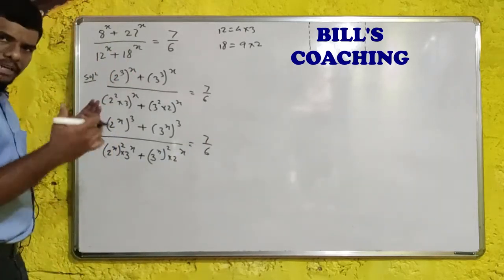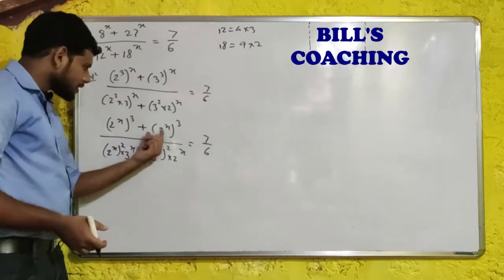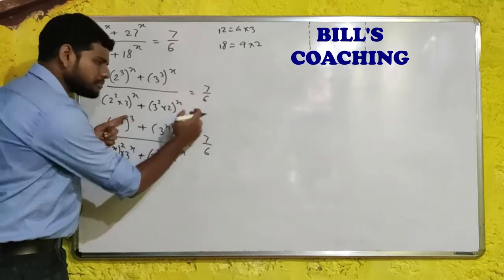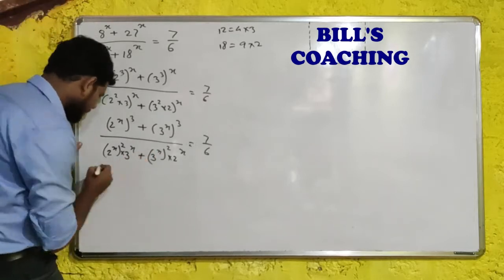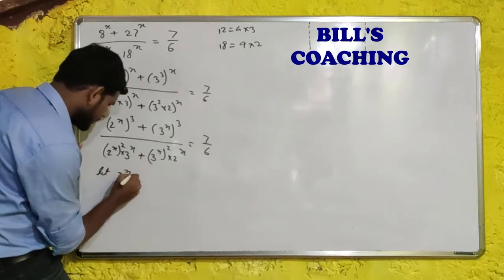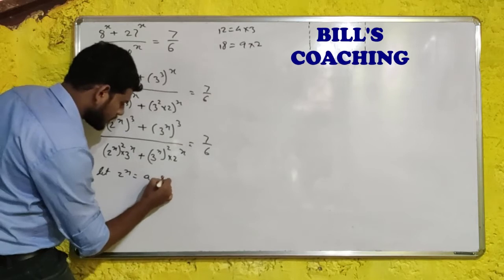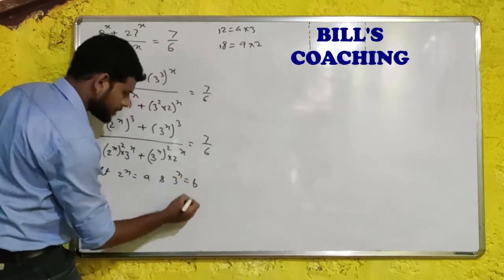Okay, now we have some pattern. We have the 2 to the x term and we have some powers of that. So we'll assume something now. Let 2 to the x be equal to a and 3 to the x be equal to b.